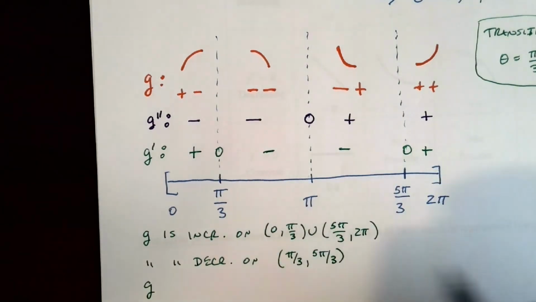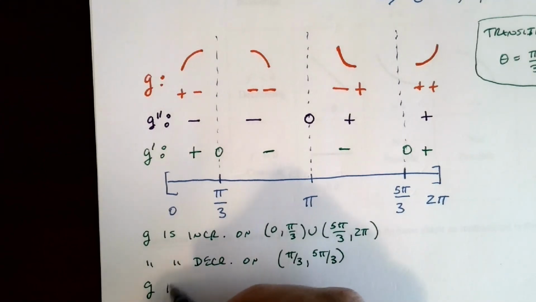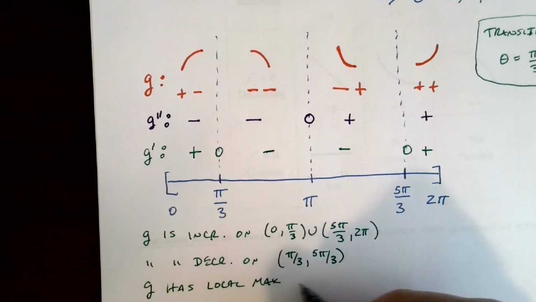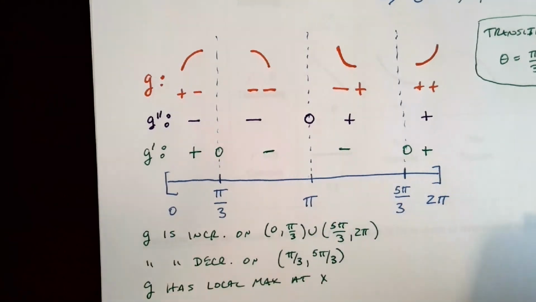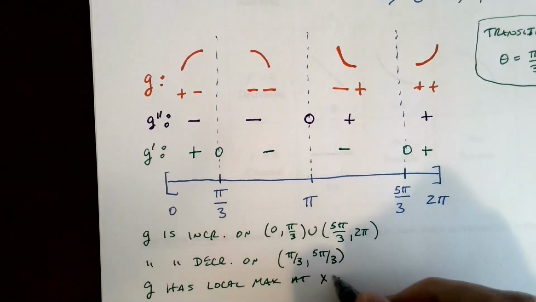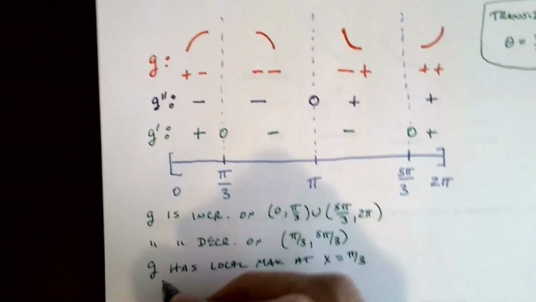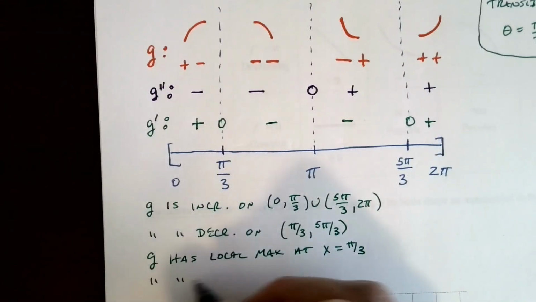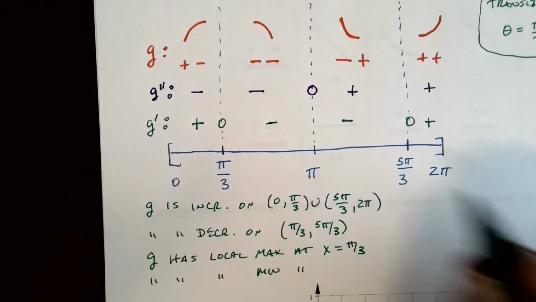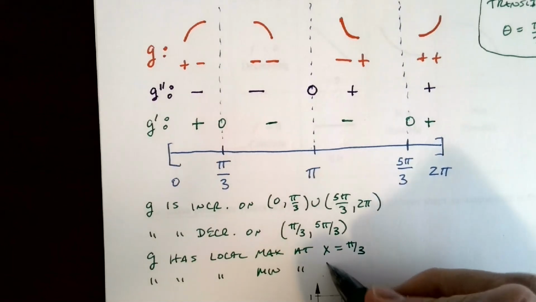Does G have a local max? It does. Where's it having a local max? Where the derivative changes sign from positive to negative at x equal pi over 3. And then G has a local minimum where the sign changes from negative to positive in the first derivative.